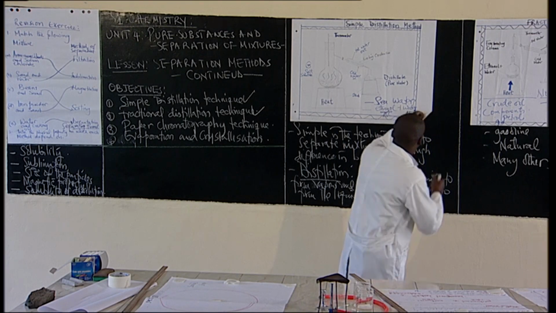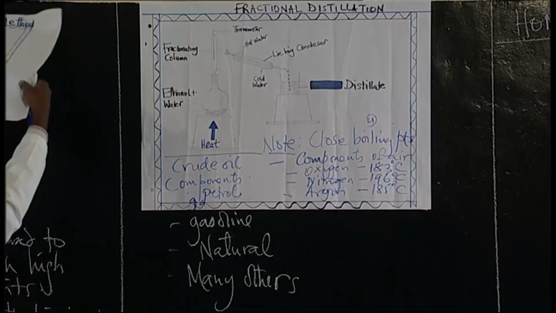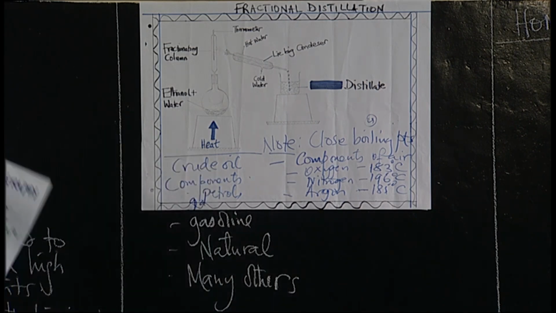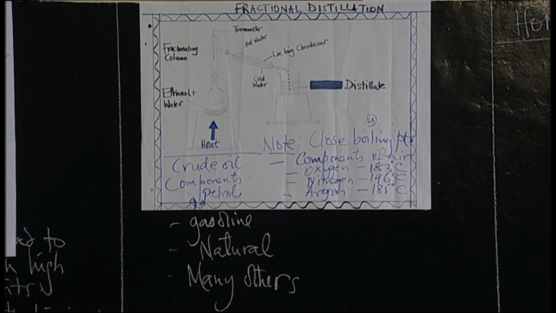You'll allow me to remove this one, and then maybe look at paper chromatography in the next step, which will be another method that can be used to separate components. I hope you were taking note, and therefore you have it in your notes.